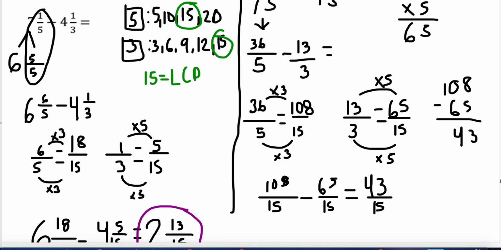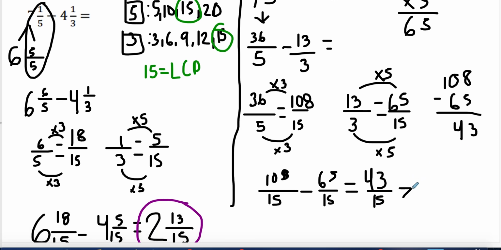And I can rewrite that as a mixed number, so I can think 15 goes into 43 2 times, with a remainder of 13. So 2 and 13/15, same answer.